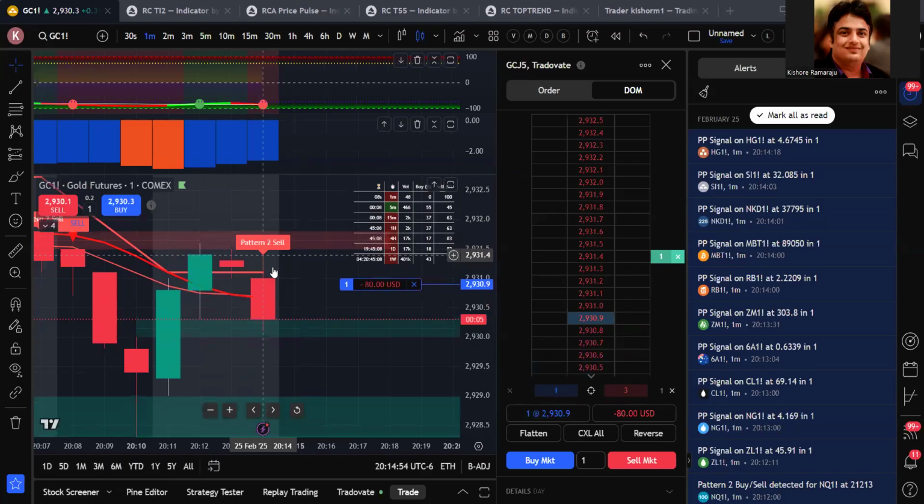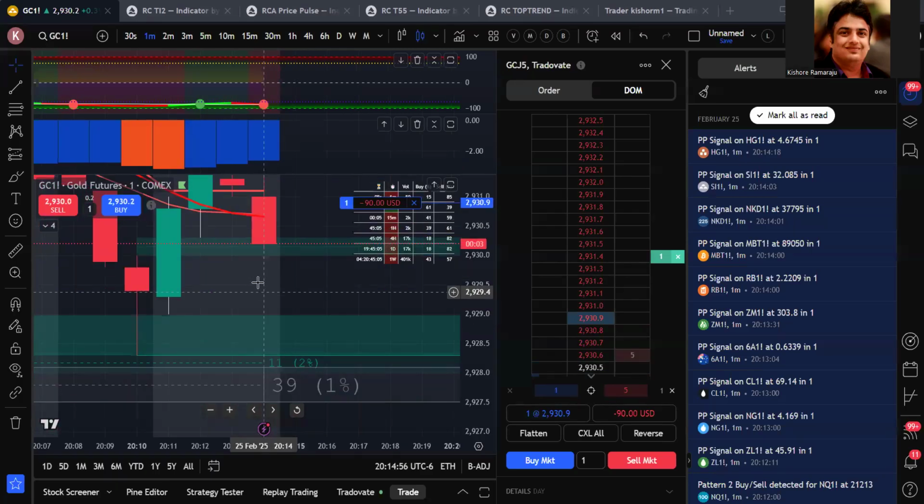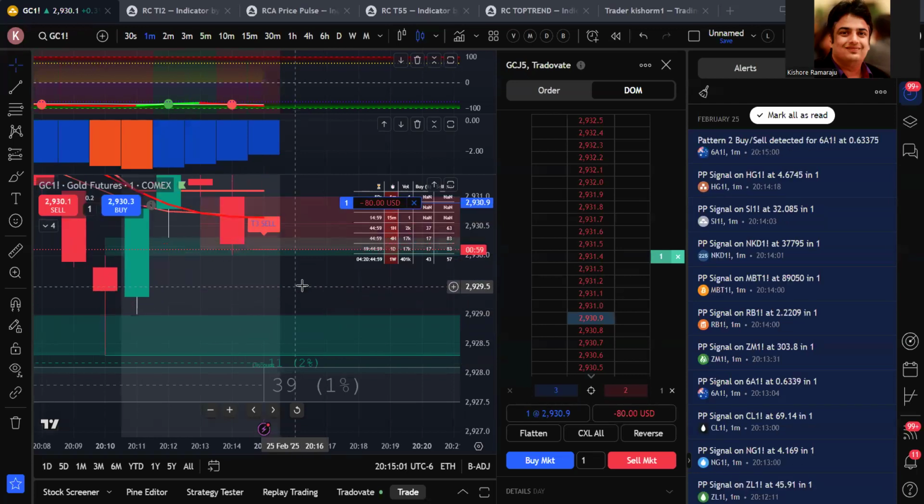But these sellers are trying to push the price down. But again, there are some buyers here, buyers here. They may try to push the price up.